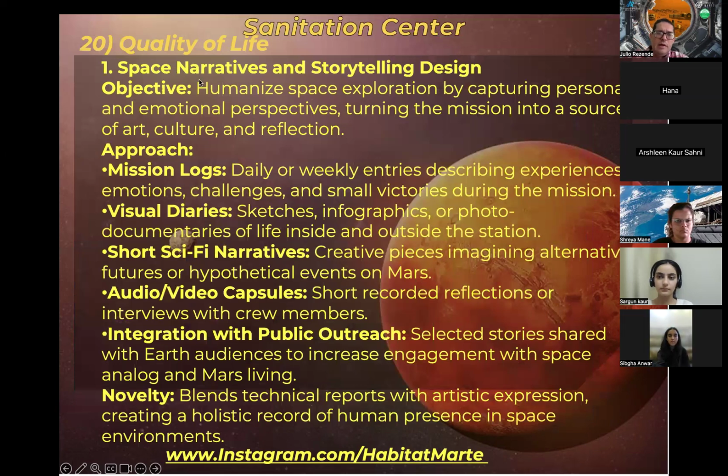We can see the importance of space narrative and storytelling design. The astronauts present mission logs and also take notes about the experience during life on Mars, on the station, and probably, just happening today, many notes from the experience of astronauts now in the International Space Station.